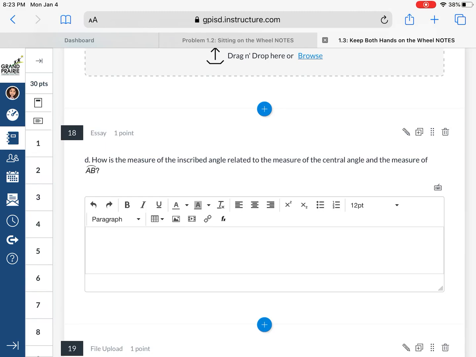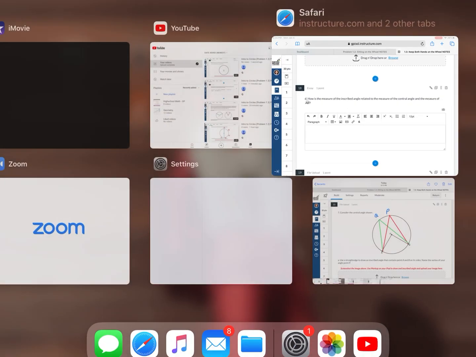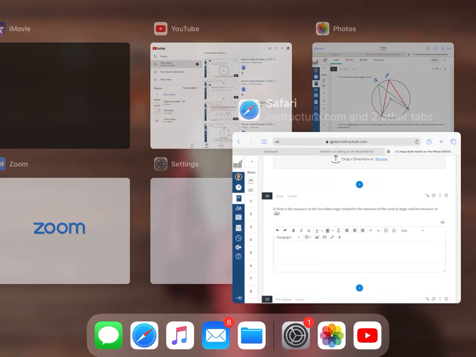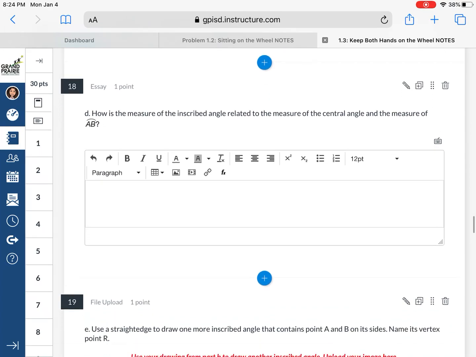Maybe discuss with somebody. Well, if you can tell the same thing here, the measure of this new inscribed angle is the same as the red one. They intercept the same arc. Okay. All right.